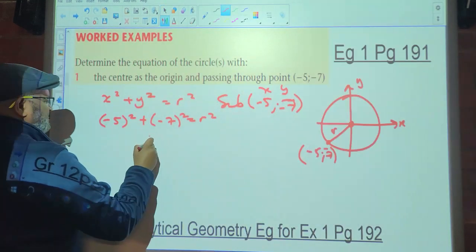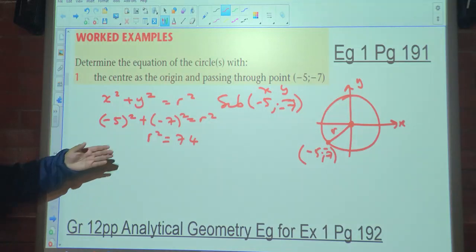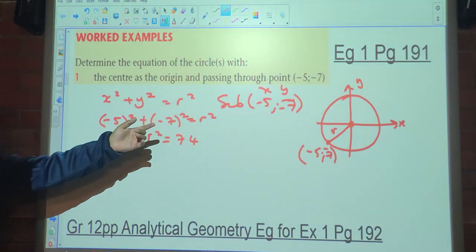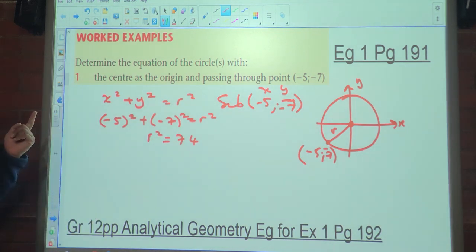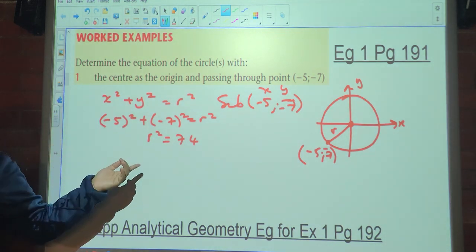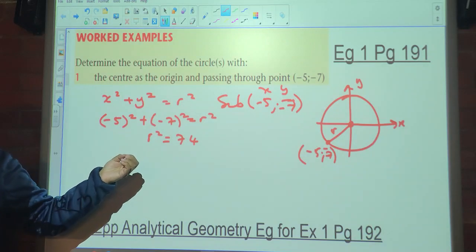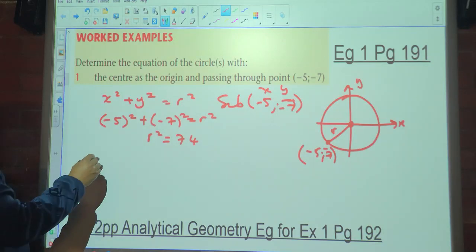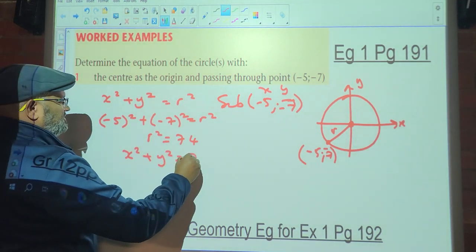So r squared is 74. Do I need to take the square root here? No. Why? Because I'm actually looking for r squared. If the question was determine the radius, then I would have taken the square root. And remember that the radius is never negative. Okay. So then this is going to be x squared plus y squared is equal to 74.